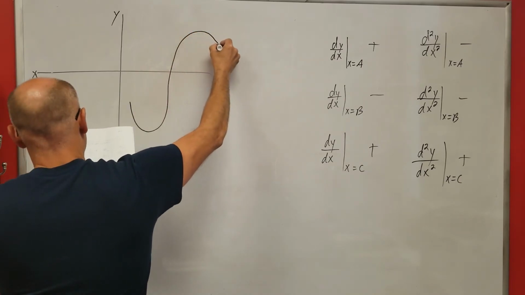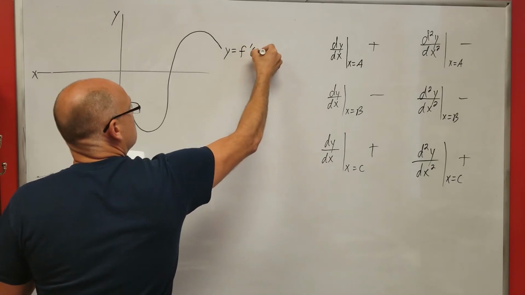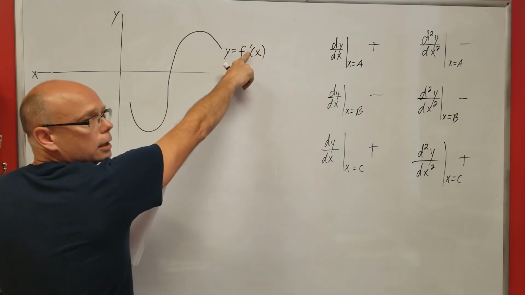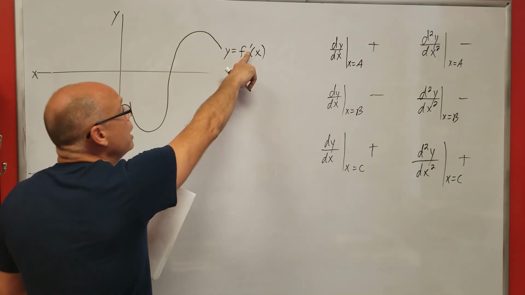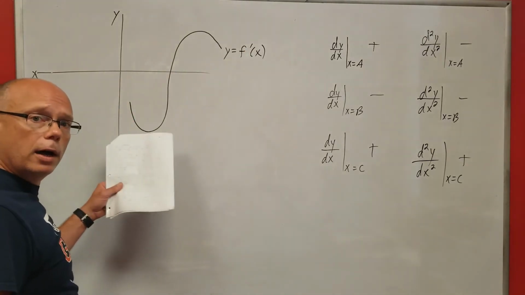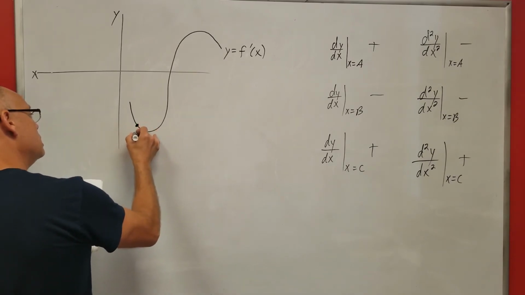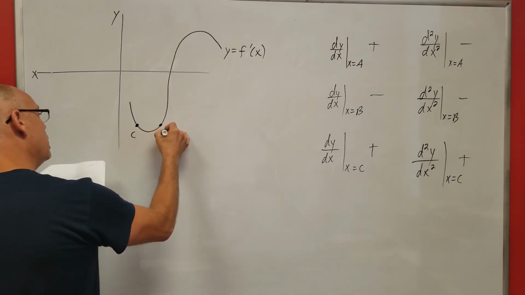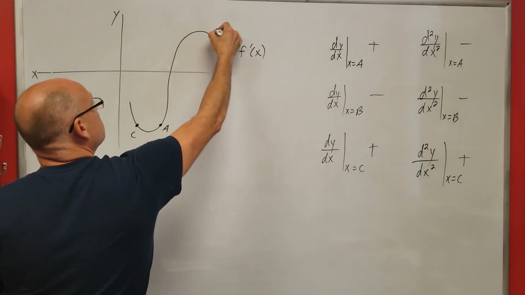And notice what we're going to say here, a very important detail. This is a graph of f prime. So this is the graph of the derivative function. We're going to say C is right here, A is right here, and B is right here.